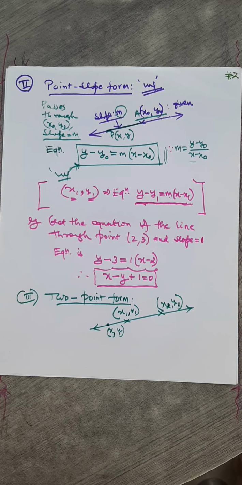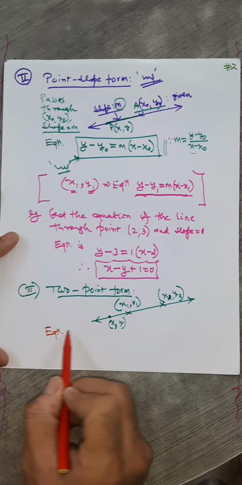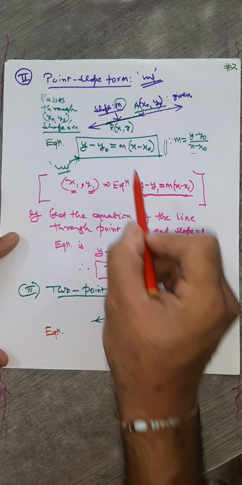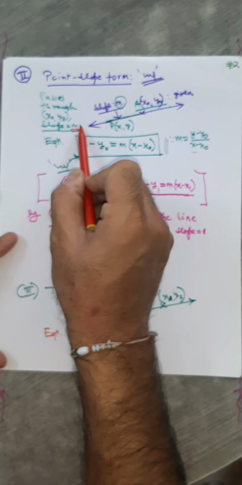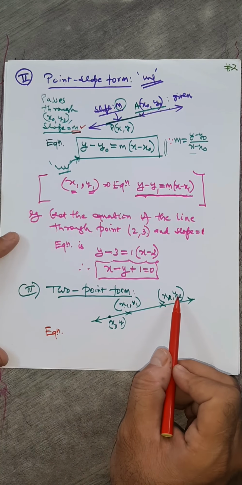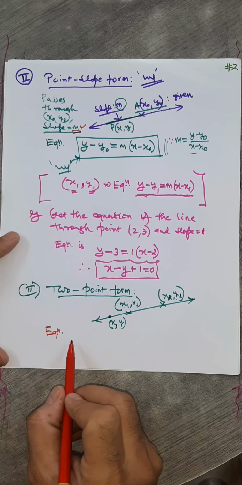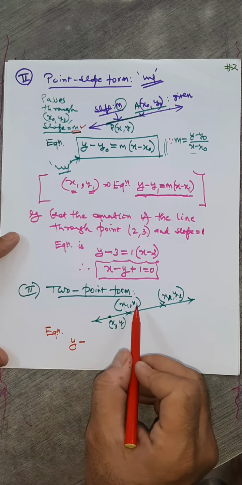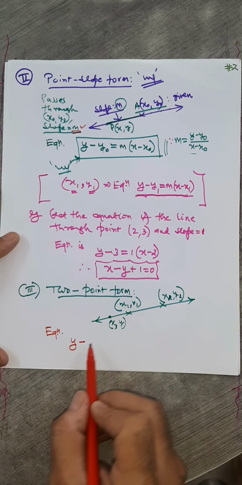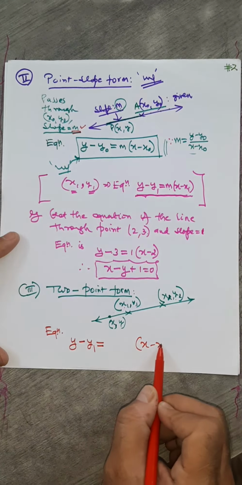So here the equation is, see, slope is not given to you. There you had a ready slope. So if you are given two different points, you can get the slope very easily. What's the slope? y2 minus y1 upon x2 minus x1. So here the equation is y minus a fixed point. I'll take this as one fixed point: y minus y1 equals slope into x minus x1.